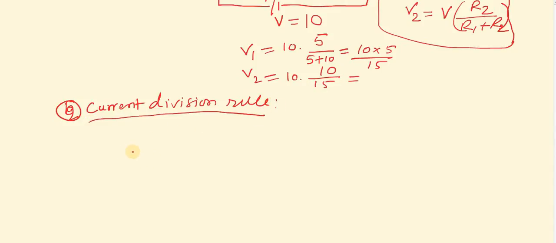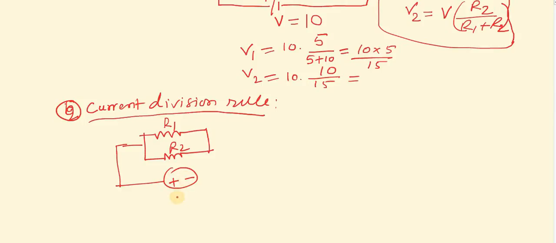As before, we consider parallel resistances R1 and R2 and a voltage source here, and the total current is say I. In this branch the current is I1, in this branch I2.